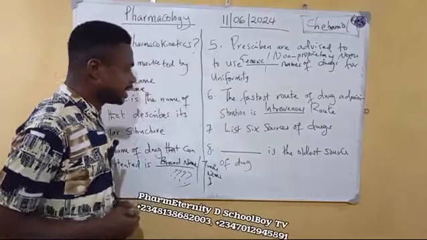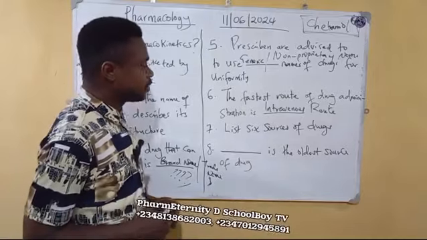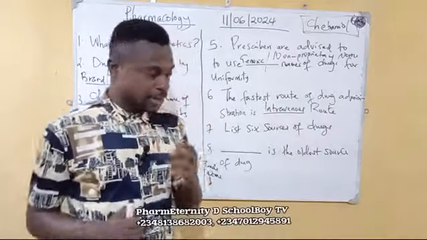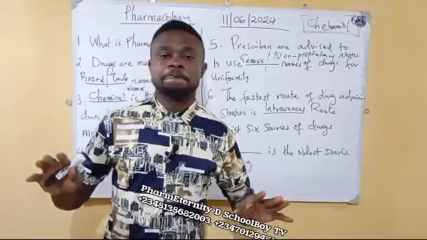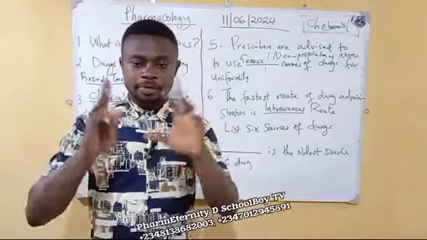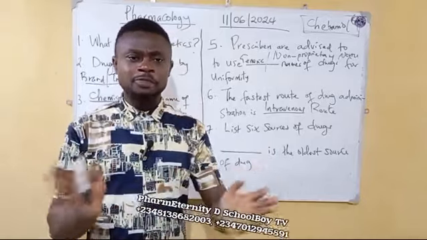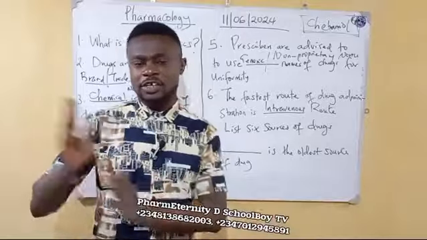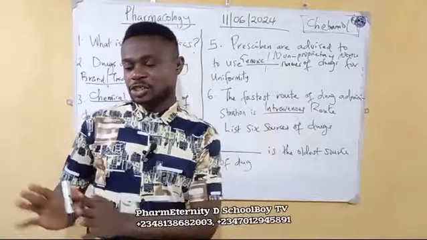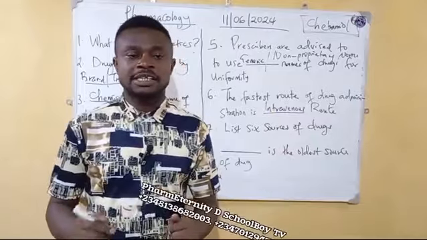Number 7 says list 6 sources of drugs. Basically, I can list up to 7, but I group them into 2, the traditional and the orthodox. Under traditional we have 4, under orthodox we have 3, or thereabout.